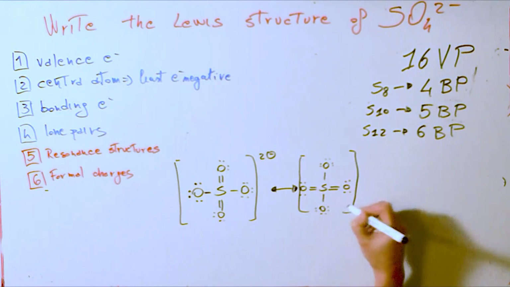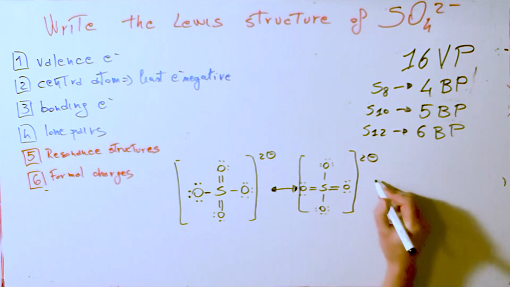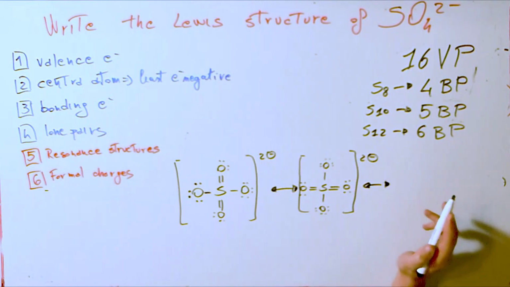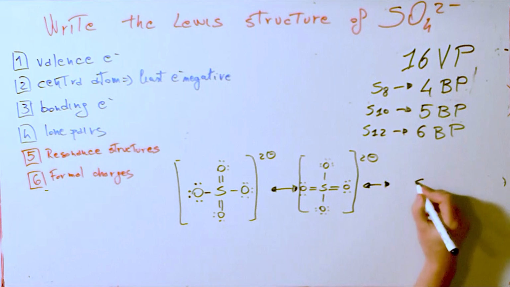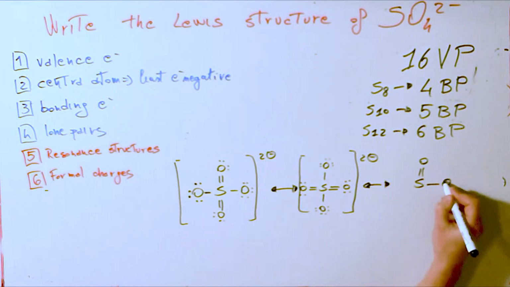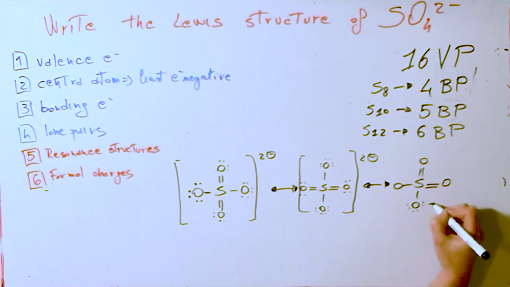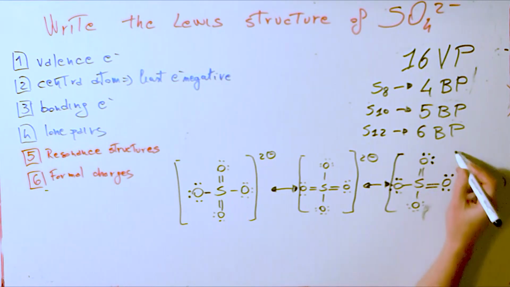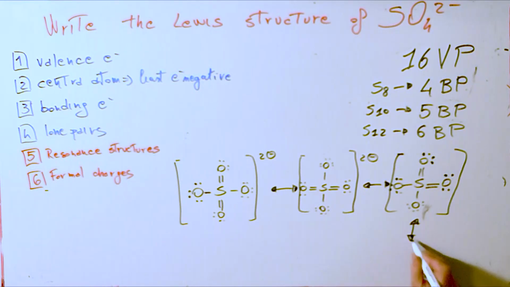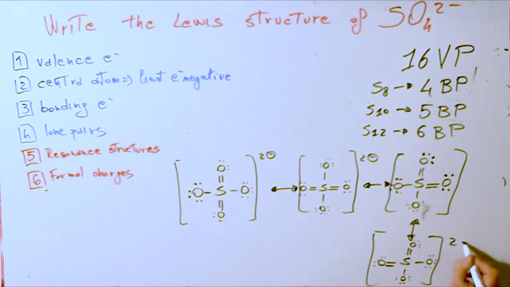You have to keep lone pairs in a clever way, so move also the lone pairs. And then also it's possible this one with one in vertical and one in horizontal. And it's not finished because we have also this other possibility. Okay, so we have 4 possible resonance structures.